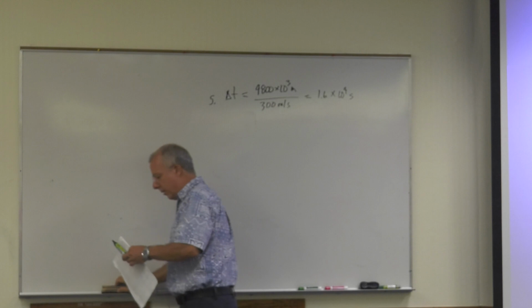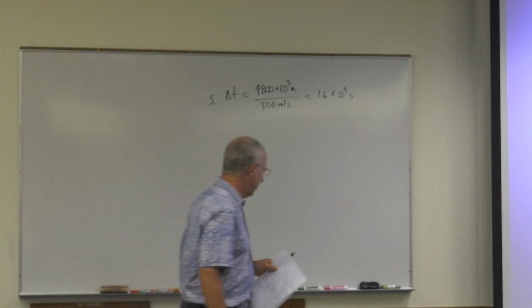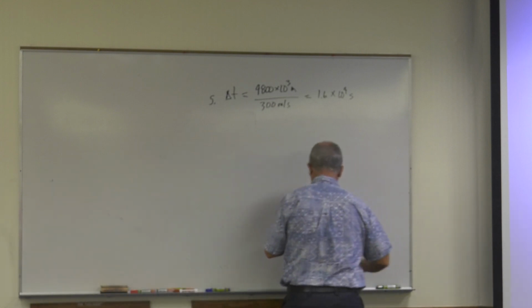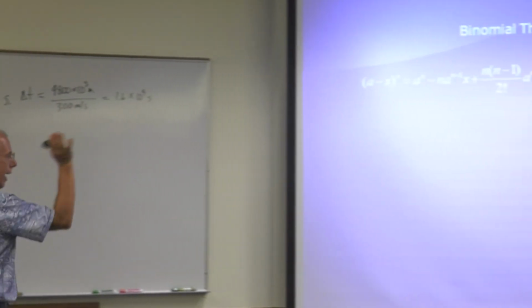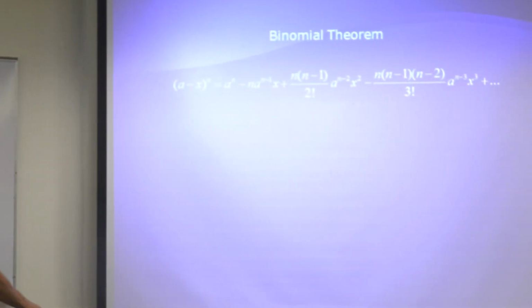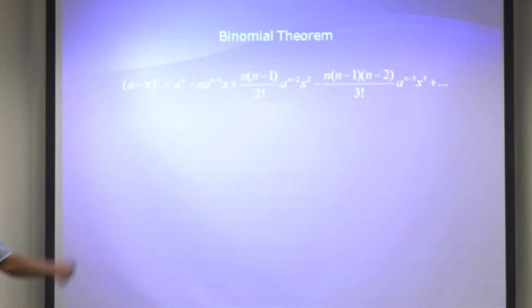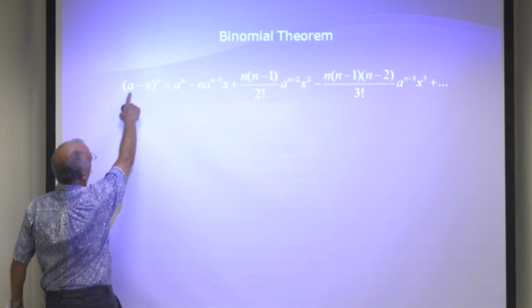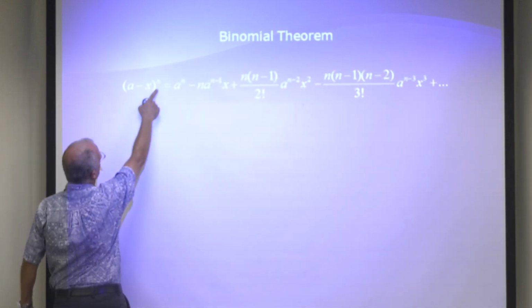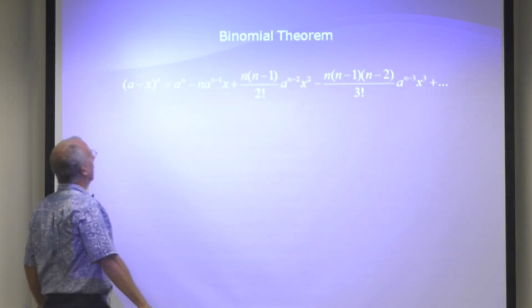All right, so let's go back to high school algebra. A long time ago when you took algebra, maybe here at BYU when you took 110, you learned something called the binomial theorem. So this is a constant: a constant minus x to the n power equals all this.